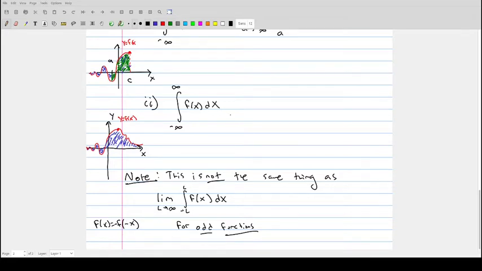The improper integral is not defined like this. It turns out that this limit is a special limit, and it's called the principal value, or PV, of a given function f.